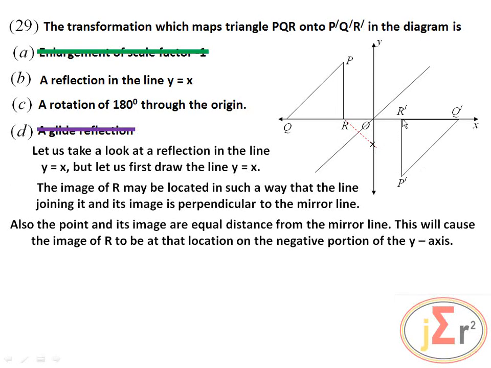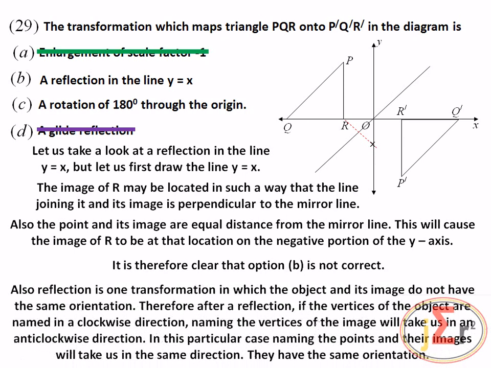Right here. So we are 100% sure that reflection in the line y is equal to x is not correct. It is therefore clear that option B is not correct, because when we carry out that transformation, we do not end up with R prime at the location that we have in this diagram.